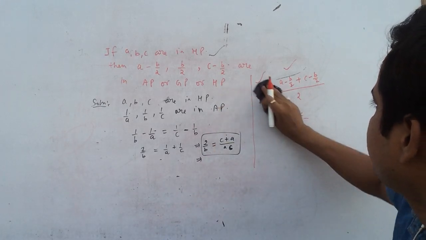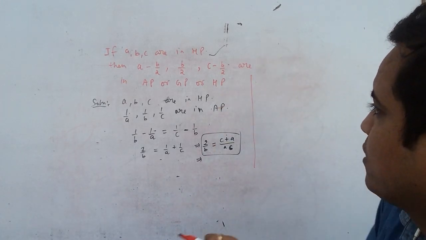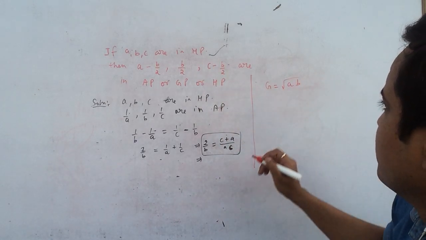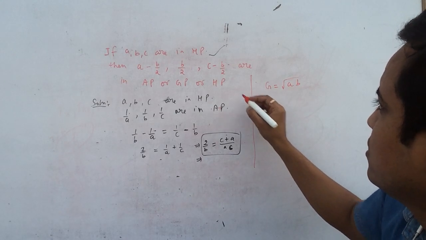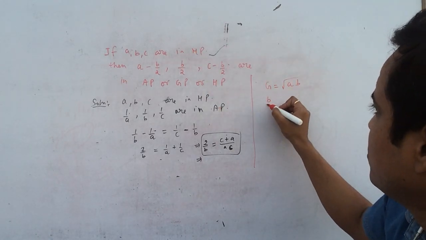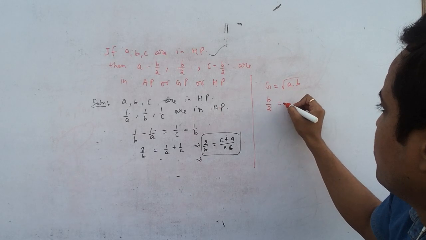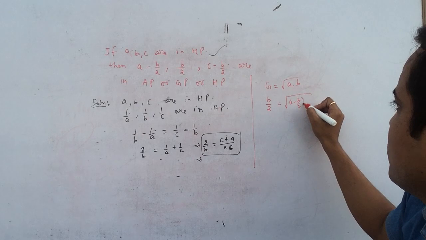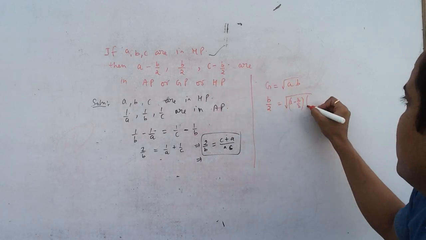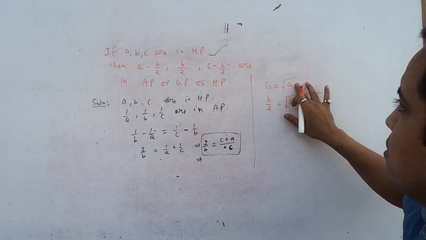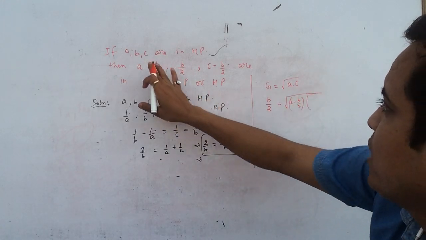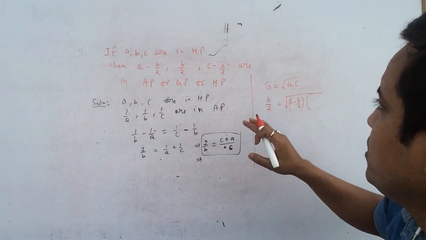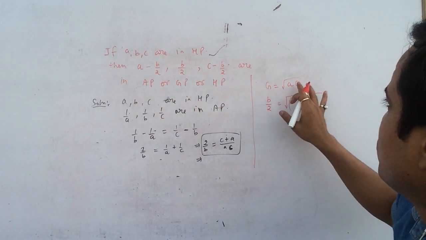What about GP? Check it for GP. In GP, G equals root AB. We know this. What is geometric mean? So b by 2 would be the geometric mean here. If A, B, C are in GP, then G equals root AC.